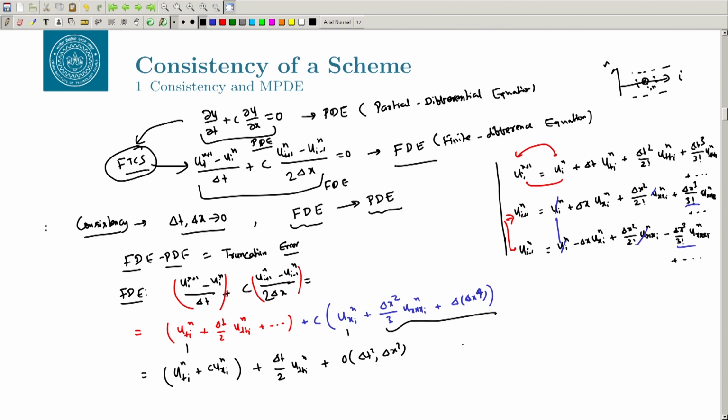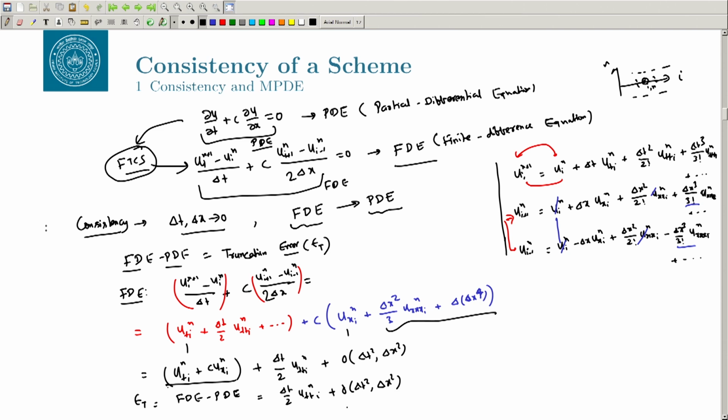So now our task is to get the truncation error. Let us represent it by epsilon_T. The epsilon_T is nothing but FDE minus PDE. This is your PDE. If you subtract that, FDE minus PDE, that will become delta t by 2 u_tt at i, n, plus order delta t squared, delta x squared.